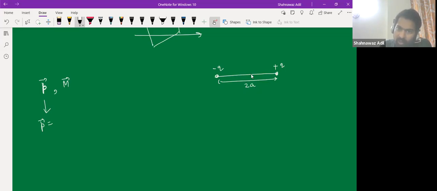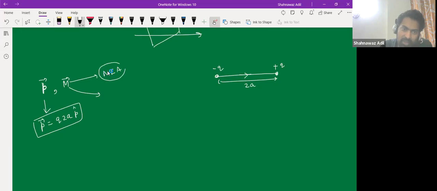So this is Q into 2a, right? And P hat. Now you see that this M is not Q into 2a; it is something like NIA. So how is this analogous to this P?